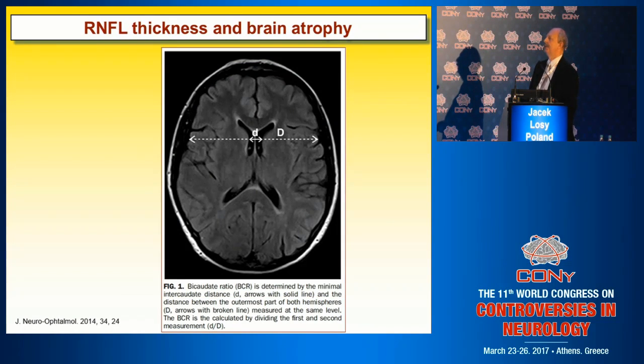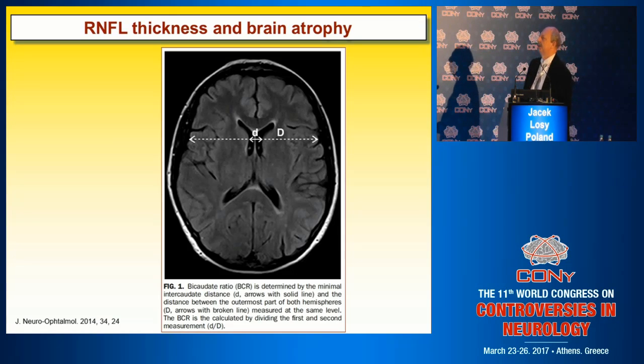The question, and it was also asked, is whether this marker, the RNFL thickness, could be a marker of the whole brain volume.